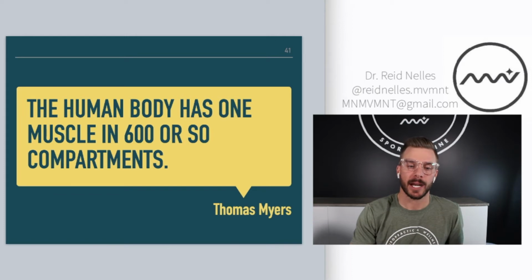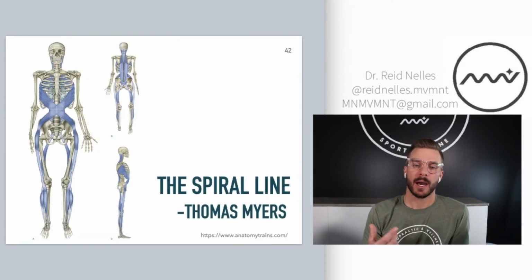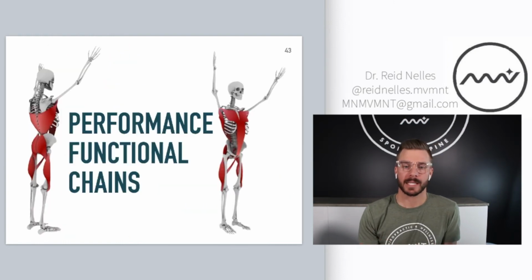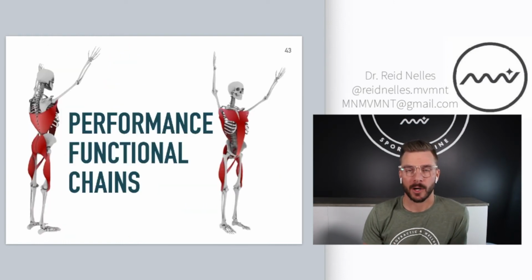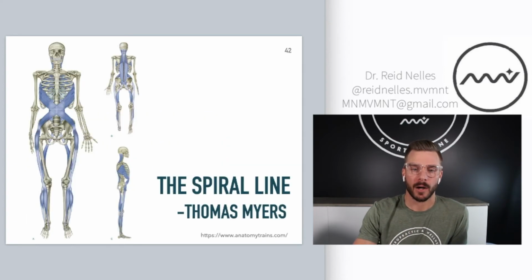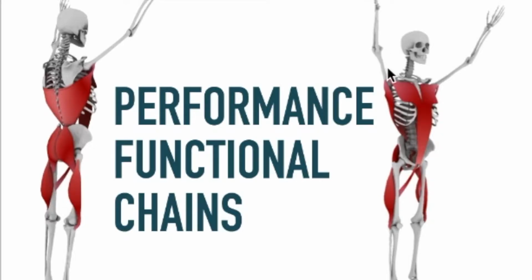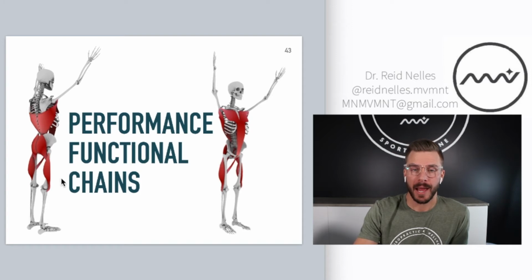So looking at the entire body via these anatomy trains, as Thomas Myers calls them, and especially the spiral line, or what Rock Tape calls the performance functional chains. So these chains or these lines are across the body going diagonally, from opposite shoulder to opposite hip, both in front and in back. Okay.